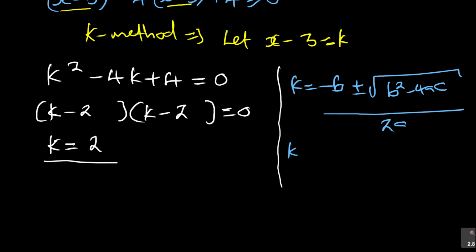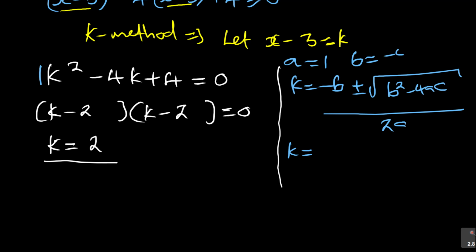So k is equal to minus b plus or minus the square root of b squared minus 4ac all over 2a. Then you say what is your a here, what is your b. You can see that there is a 1, so my a is equal to 1, my b is negative 4, and this is my c. See that? That is what you just need to do.